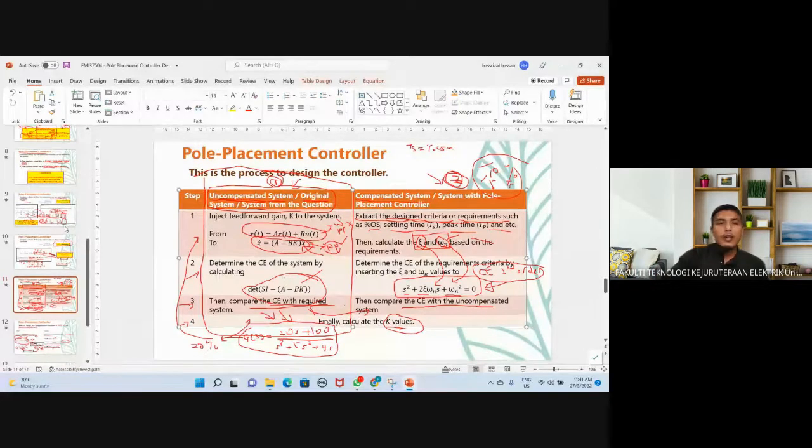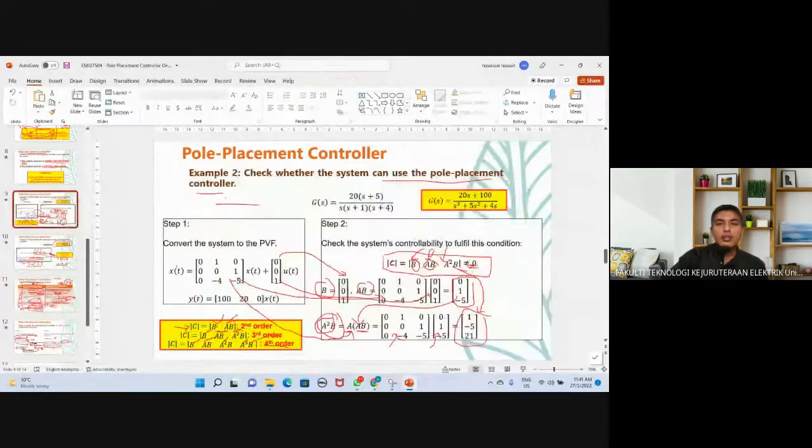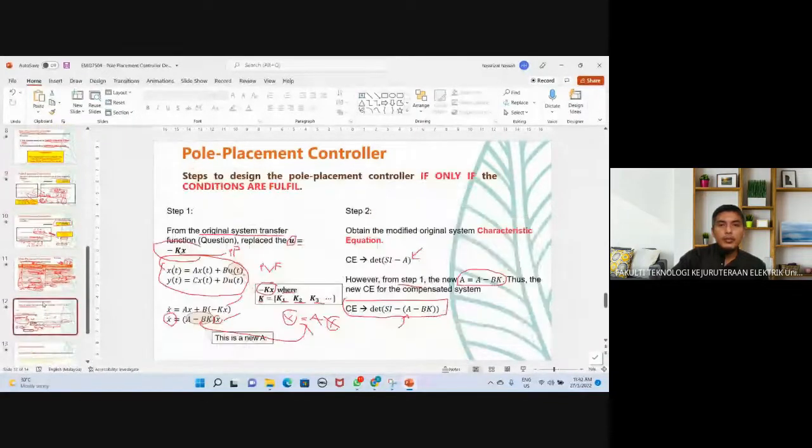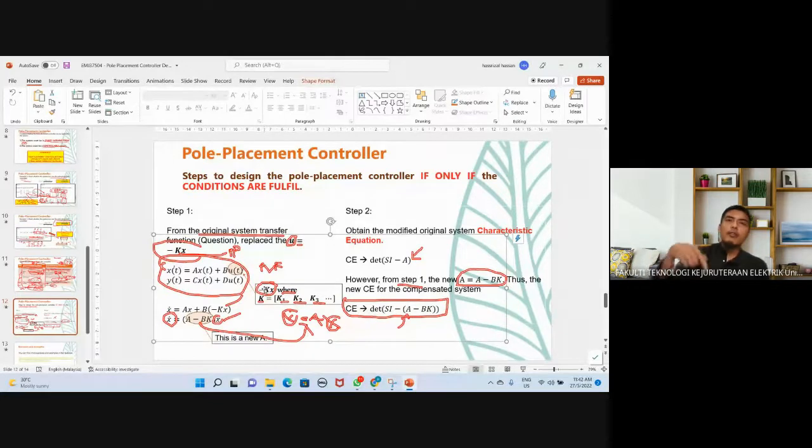Okay. And I'd like to mention again, the difference between the pole placement controller and observable controller. Okay, for the pole placement, you need to replace U equal to minus KX. However, for the observable controller, you need to replace U equal to LC, something like that.